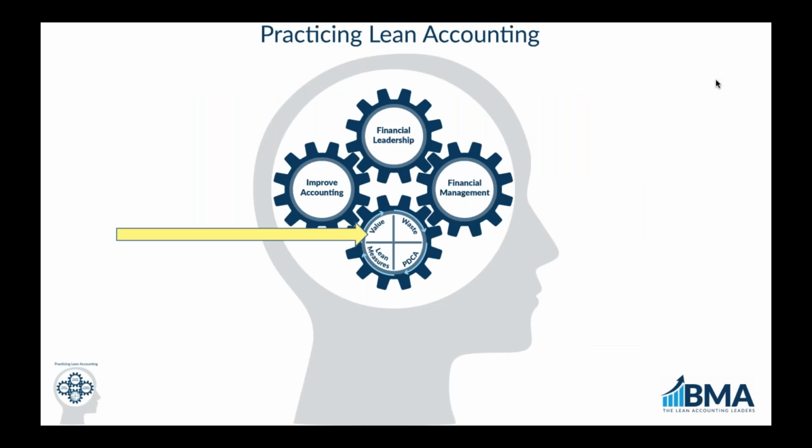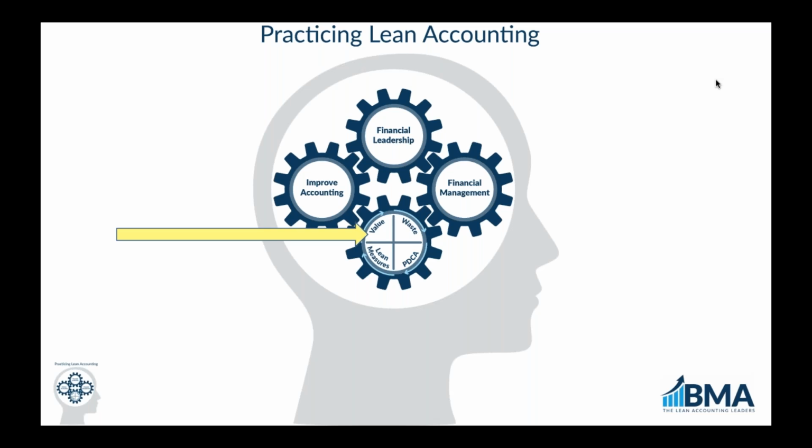So, I talked a couple of minutes ago about this idea. This is one of the foundational practices in lean accounting, and you can see in the diagram here, Nick and I are working on a new book on practicing lean accounting, and it's really grounded in 4 foundational practices: value, understanding waste, continuous improvement, and measurement.